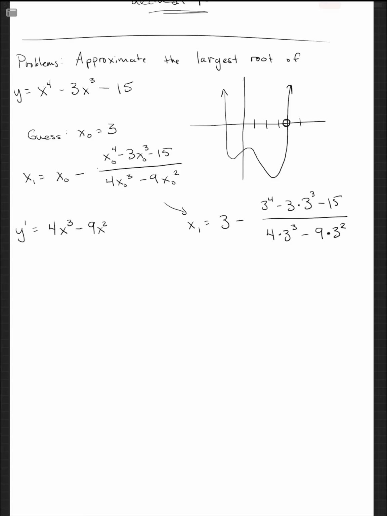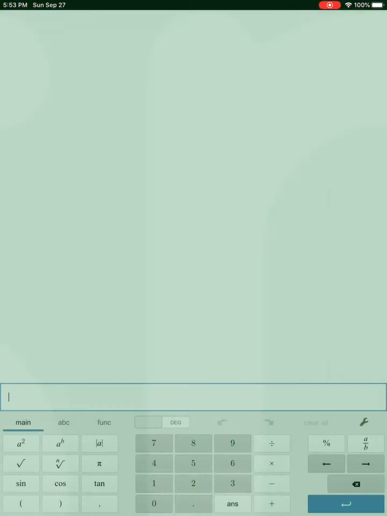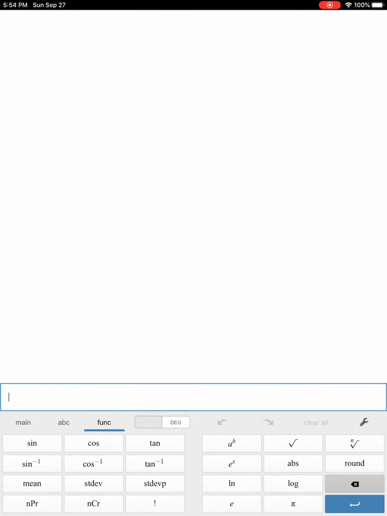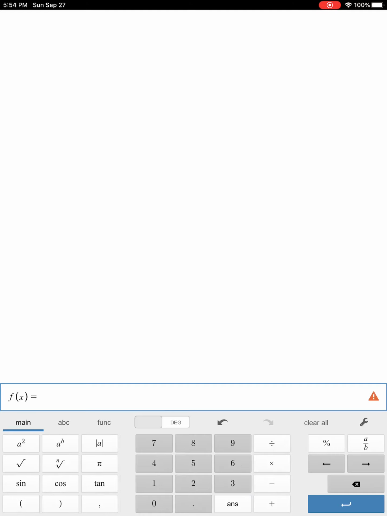So considering that my other calculator keeps giving me problems, I've tried out a different one. It's called the Desmos calculator. And this one's really nice because I can define a function, right? So f of x. And here, rather than putting the function that's in my problem, I'm going to put in the thing that I need to keep repeatedly plugging stuff into.